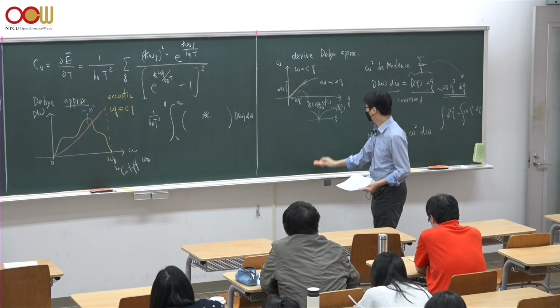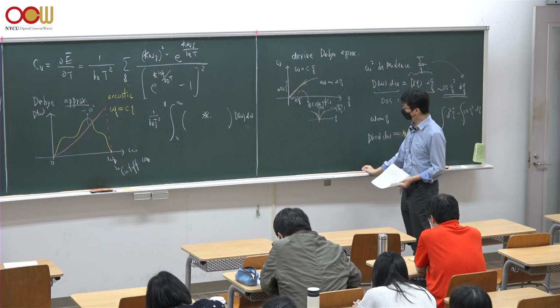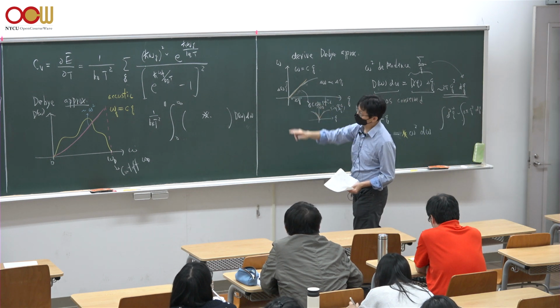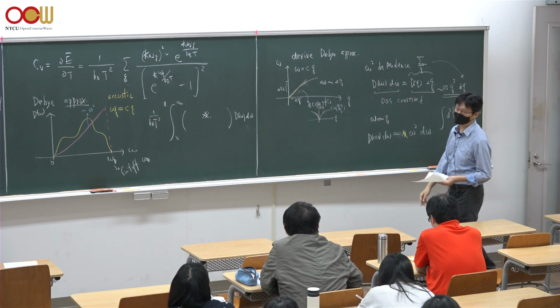Okay, and so you can linearize this phonon branch in the Q goes to 0 limit, and that is precisely the assumption behind the Debye approximation.